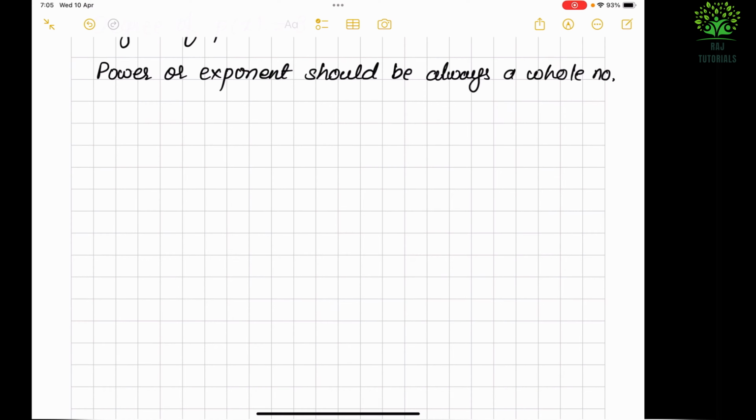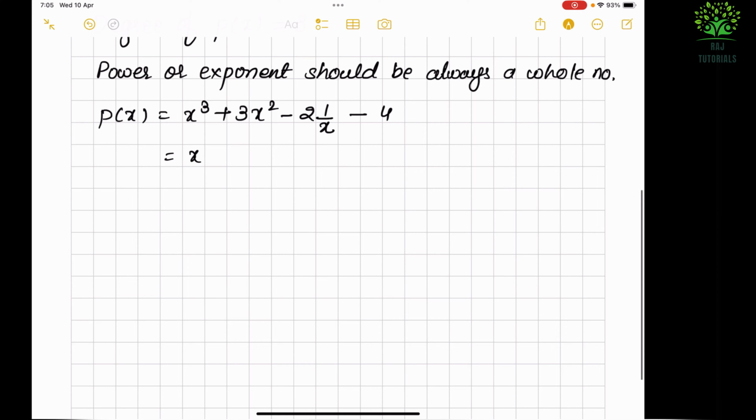For example, if I am asked to check whether it is a polynomial or not, and I am given an example like this: x cube plus 3x square minus 2 into x raised to minus 1 minus 4. Now, here minus 1 is not a whole number. So, therefore, it is not a polynomial.